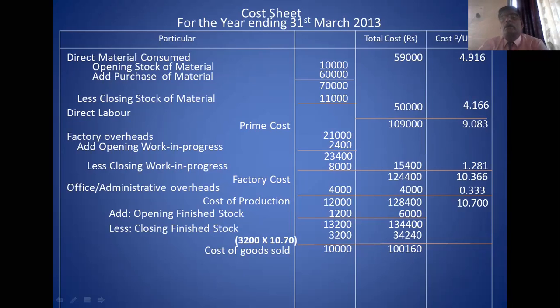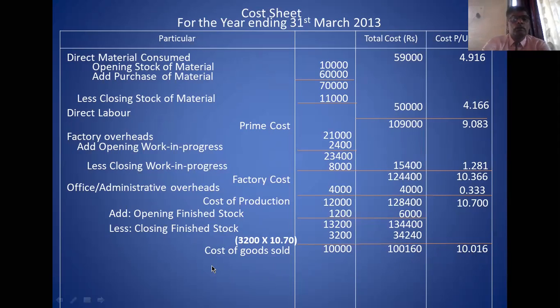From this stage onwards, and for the subsequent stages, you have to consider units sold, but not units produced. 10,000 units are there and divide the total cost by 10,000 units, you will get 10.016, the cost of goods sold per unit.